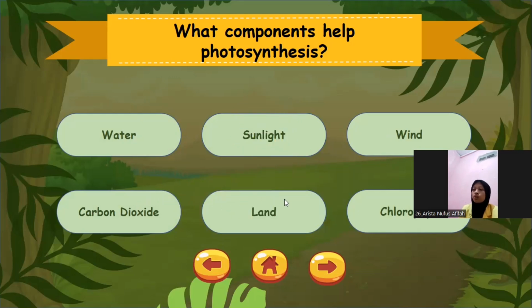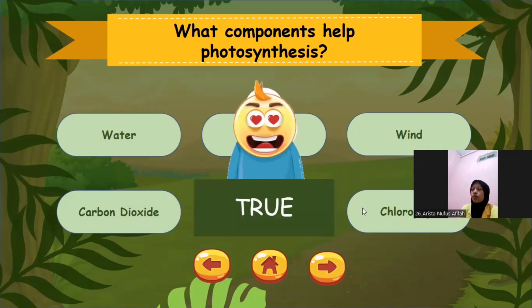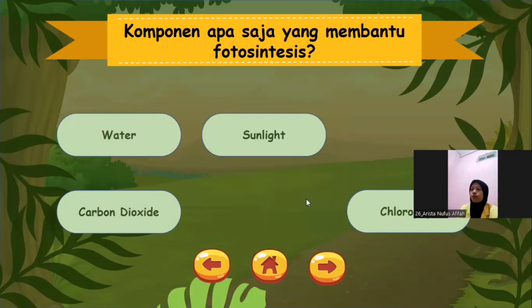Then, carbon dioxide helps photosynthesis. And chlorophyll helps photosynthesis. These are the four components that can help photosynthesis.